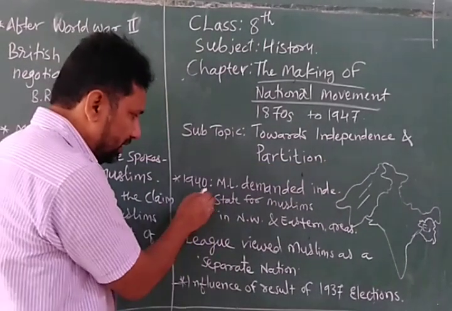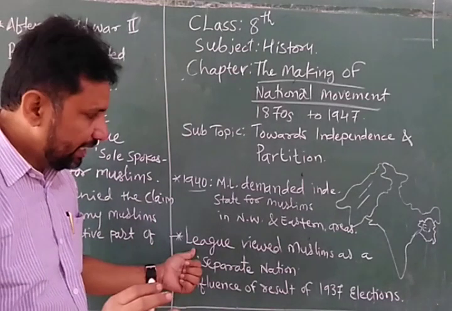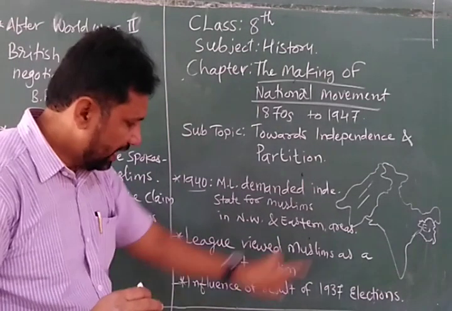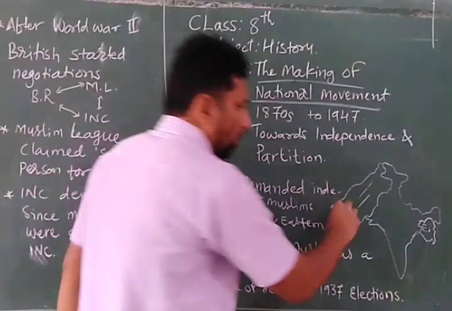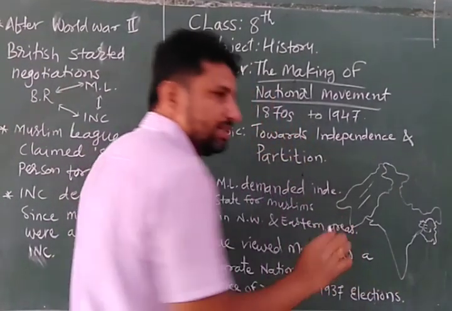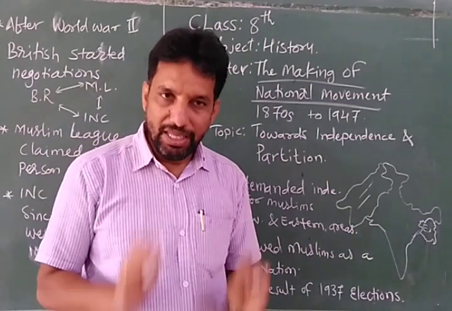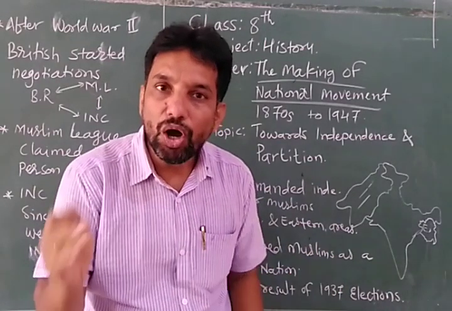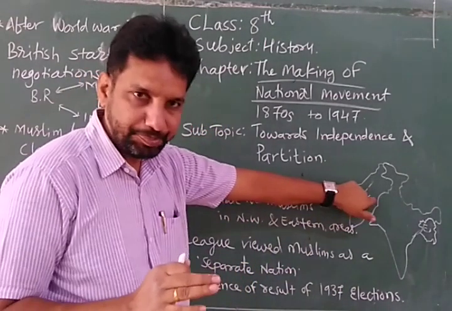It was demanded in 1940, and the League itself viewed Muslims as a separate nation, meaning the whole Muslim population of India is a separate nation within the country.